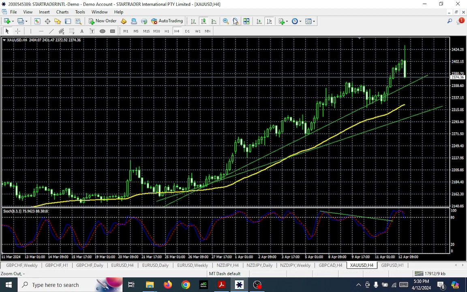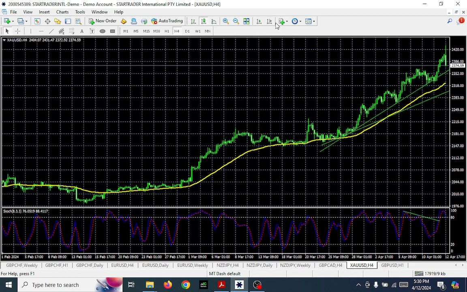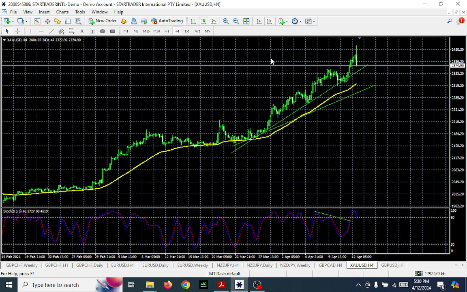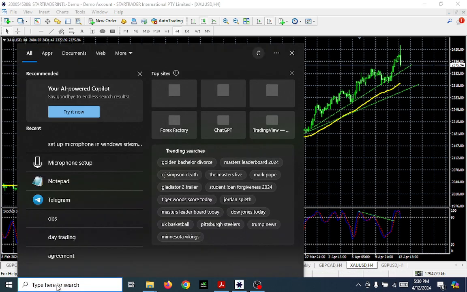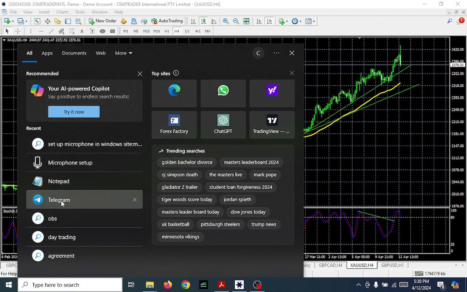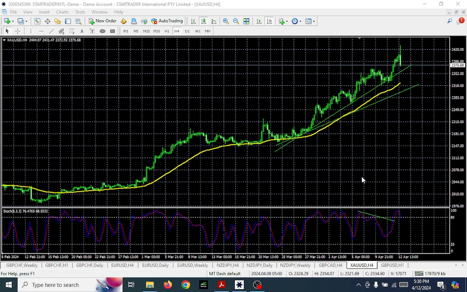This market is overly in a bull run. Like I told you guys, look at it. The market is bullish, and of course, I've shown you guys what the fundamental reasons are. If you look at my Telegram group, you see what I posted to you guys.